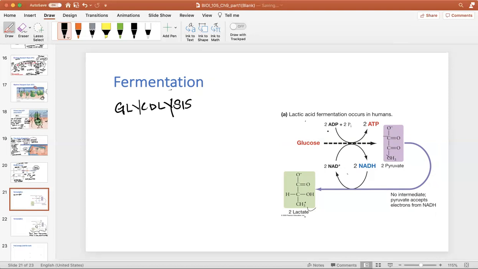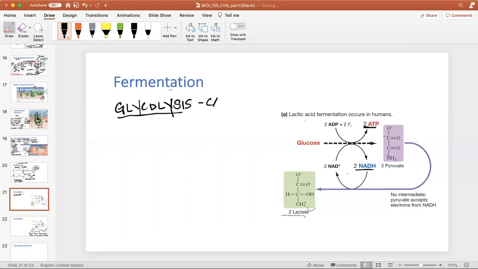And if you remember, in glycolysis, you generate 2 ATP. You also generate 2 NADH, and you generate 2 pyruvate. This is review. We've already covered this. So this part can happen even when there's no oxygen.